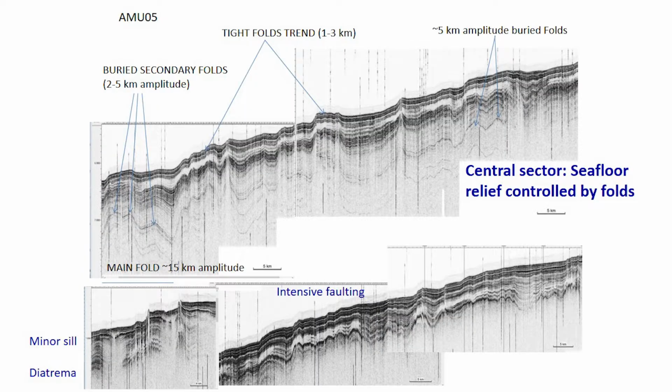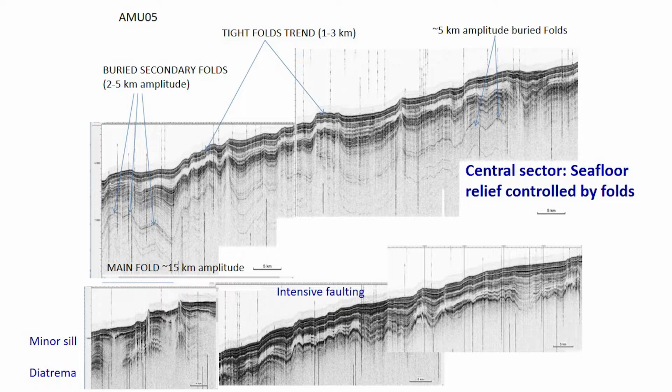In this one, you can see also the intensive faulting associated in some areas with the anticlinal ridge, and here there is an intrusion, but it doesn't arise to the seafloor.